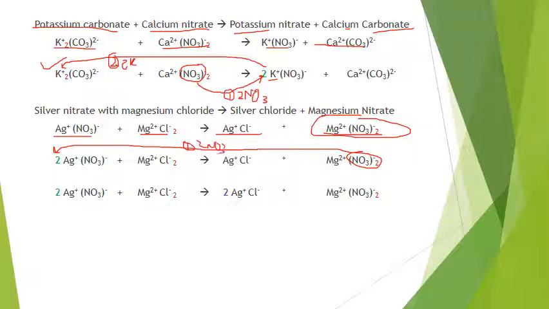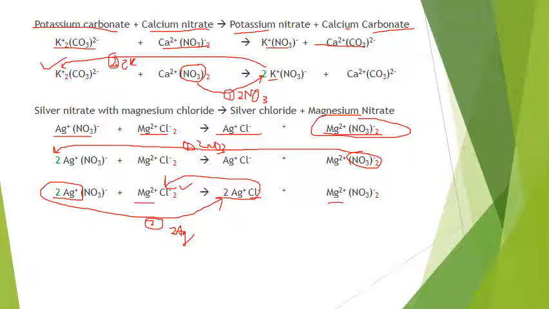And then I have 2 in front of the Ag, so I have to go over here and put a 2 in front of this Ag. And then I look at my chlorides. I have 2 chlorides here, and if you look here, it's good. And the magnesiums are good as well.